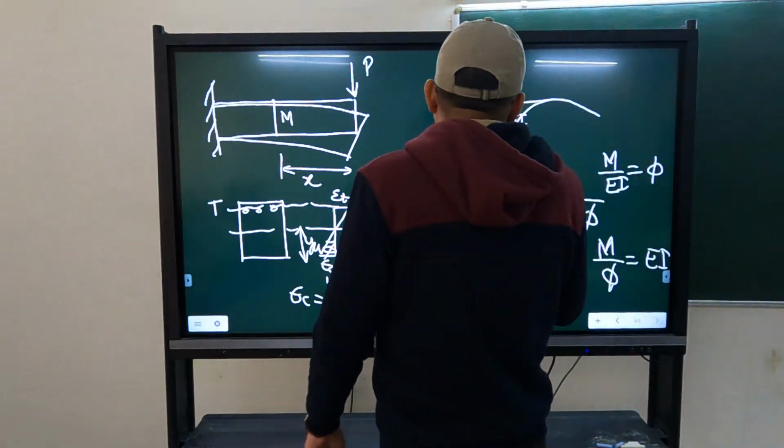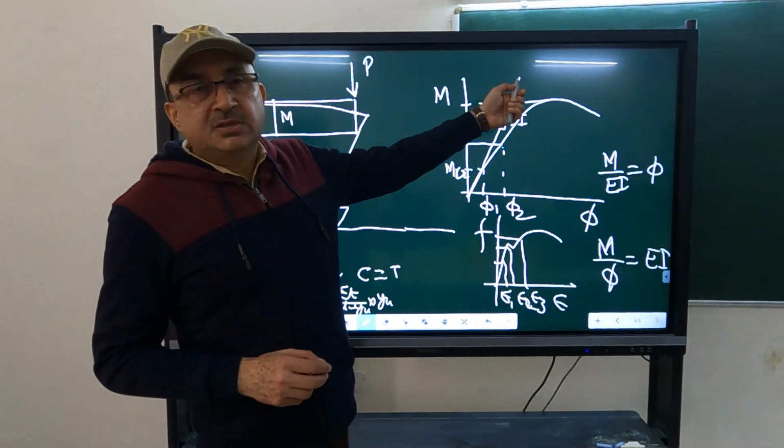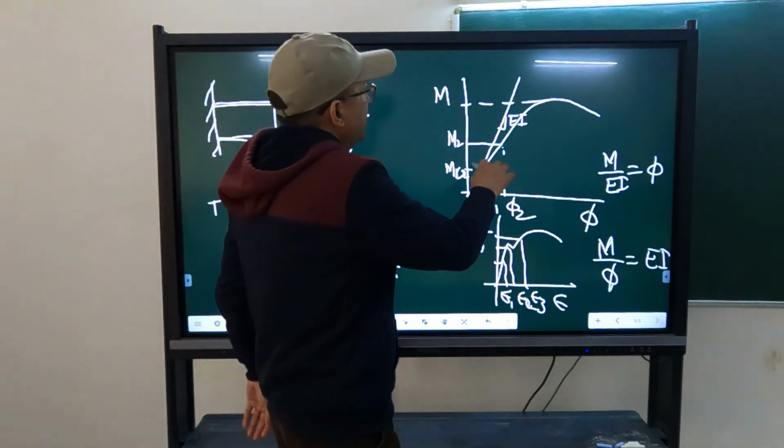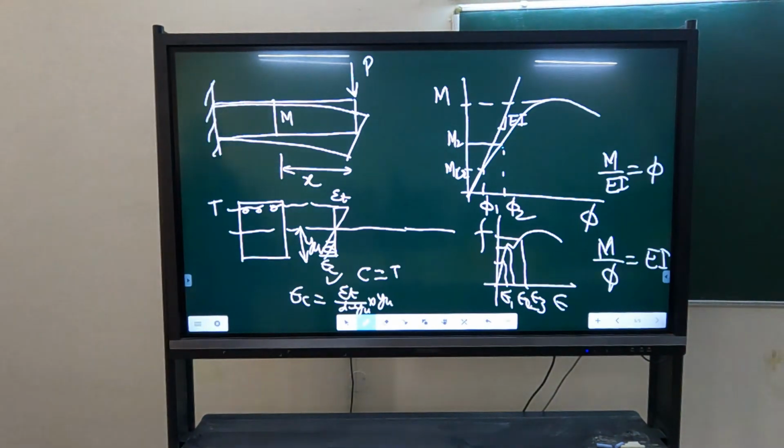So till the concrete has cracked, the moment of inertia will be much larger. And when the cracking in the concrete occurs, the moment of inertia changes. It will go on reducing depending on the amount of cracking.